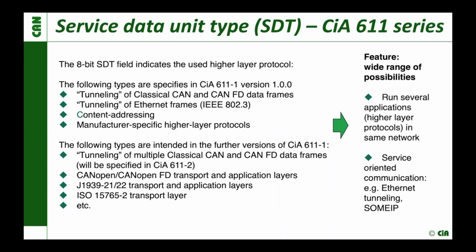After CiA has released this document, AUTOSAR has also integrated this document in its November 2022 release. So with Ethernet tunneling, CAN XL can bring IP communication to any ECU, and with this function, CAN XL qualifies itself as cost efficient and flexible for future architectures.